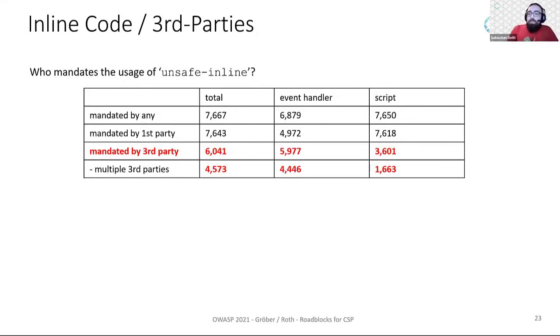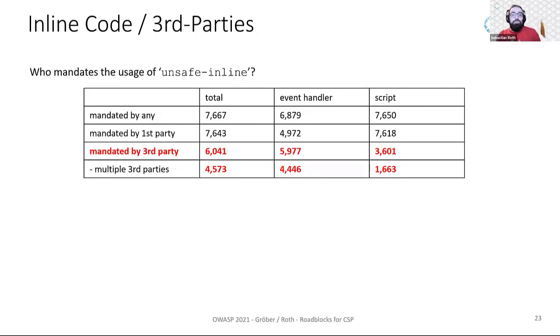They mandate it either because they are using inline scripts, which could in theory be allowed via propagating nonces to those scripts. But more severe, many third parties are using inline event handlers, which cannot be nonced and therefore require unsafe-inline to be executed.